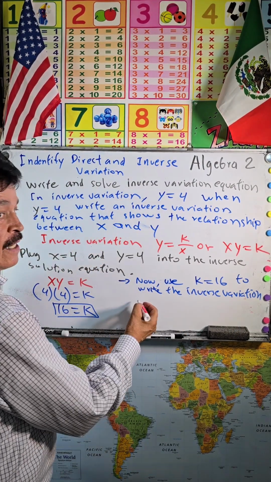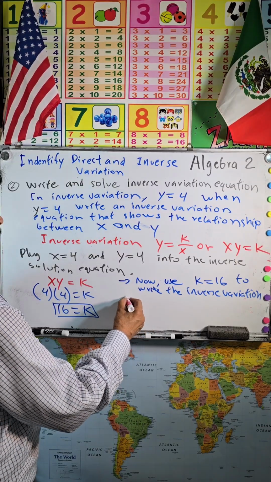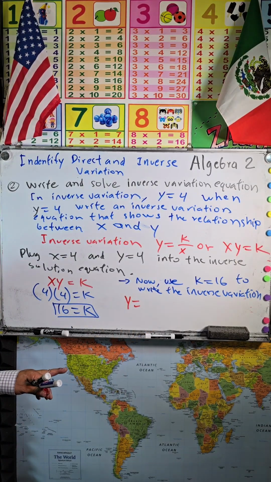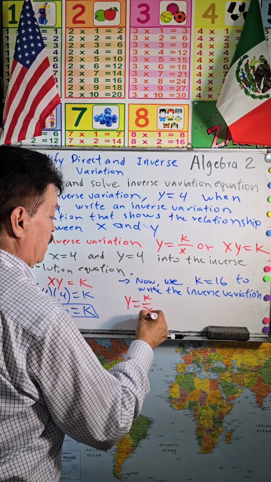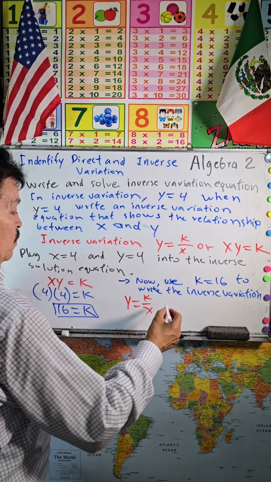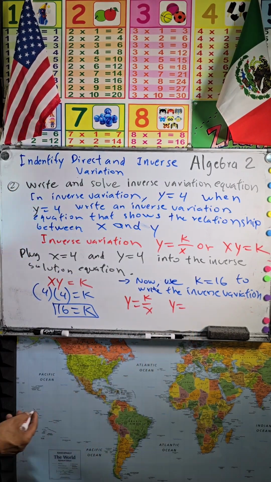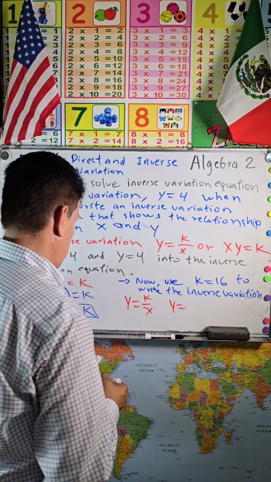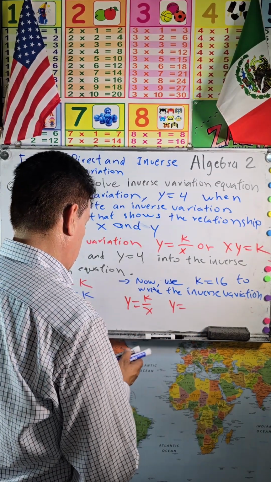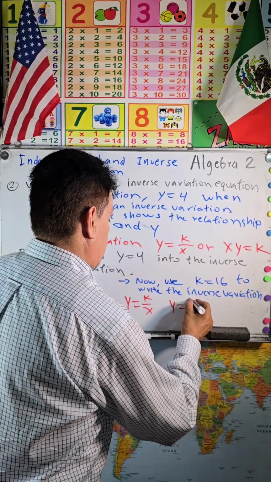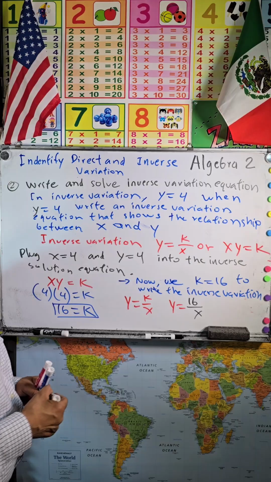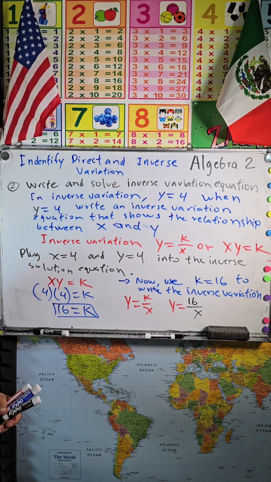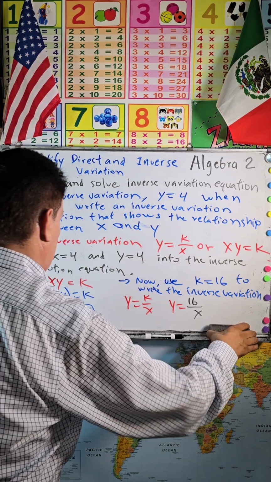So we have to write y equals k over x, and then we have to write y equals 16 divided by x, right? So the inverse variation equation is here.